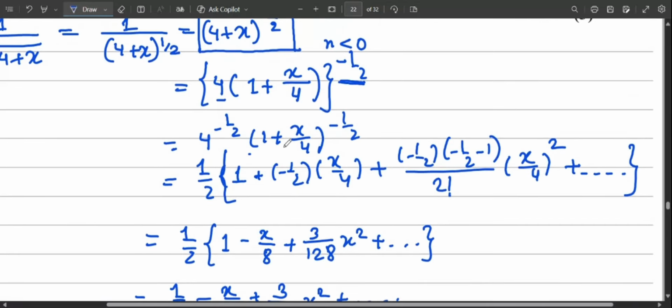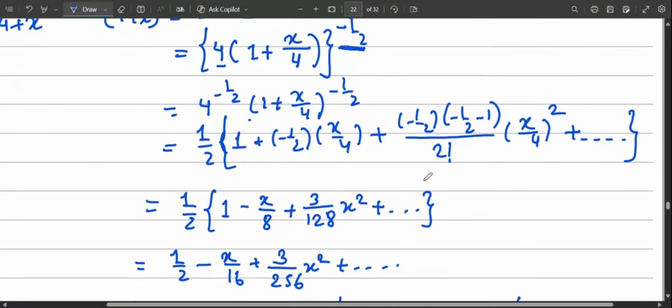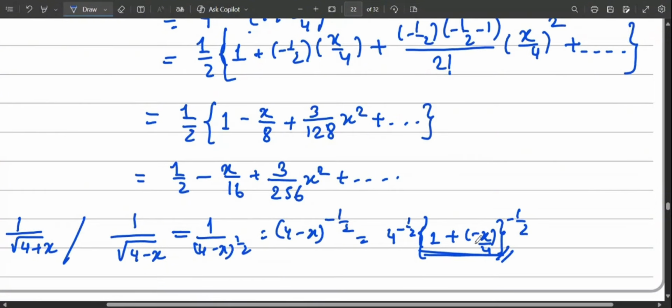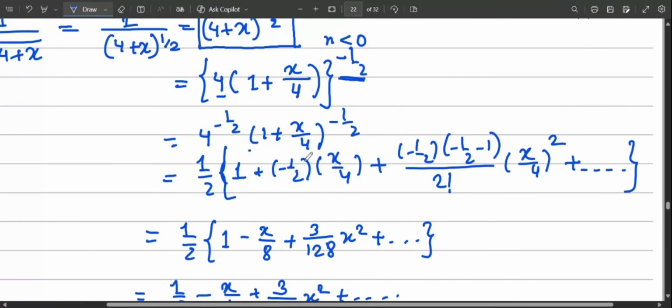For our second term, we can see that we multiplied minus half and plus x by 4 in our part A. For part B, we have minus x by 4 as our x term. So we can see that our second term will be positive instead of being negative in part B. For term number 3, we can see that even if our x is minus, as there is a power of 2 on the whole expression, or on the whole fraction, the value of x by 4 does not matter.